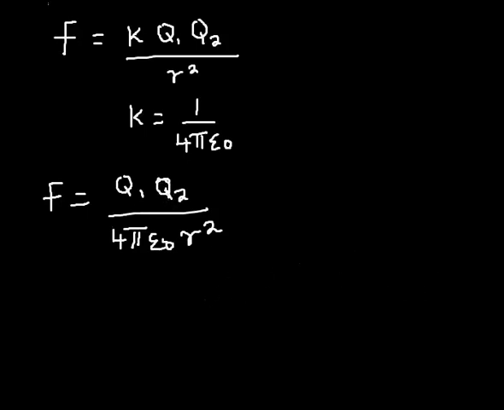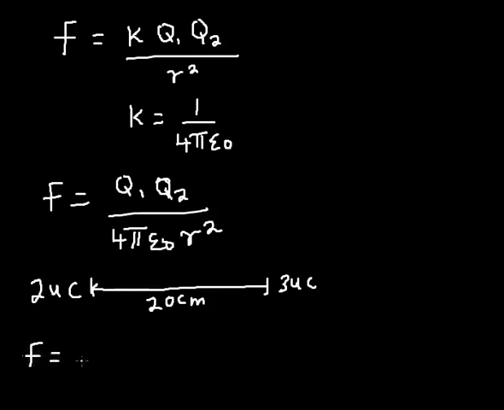Okay, so let's look at some typical example. Let's solve some question. Let's look at a situation where you have two charges, 2 microcoulombs and 3 microcoulombs, separated by a distance in space of, let's say, 20 cm, and you have to evaluate the electric force between these two charges.